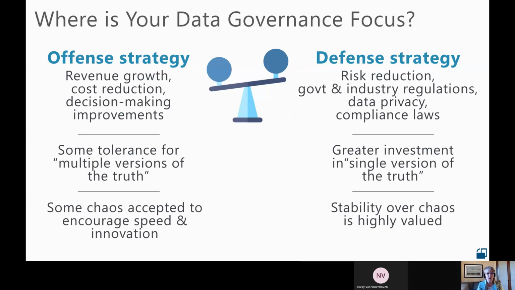On the defense side, a company like healthcare, for instance, that has extreme data protection needs, of course, they're going to have a firm foot over on the right side. But over on the left, a retail company has the luxury usually of focusing more on the left. And if you've ever read any of the Netflix stuff that they produce about what they call freedom and responsibility, they're absolutely to the extreme on the left side of this page.